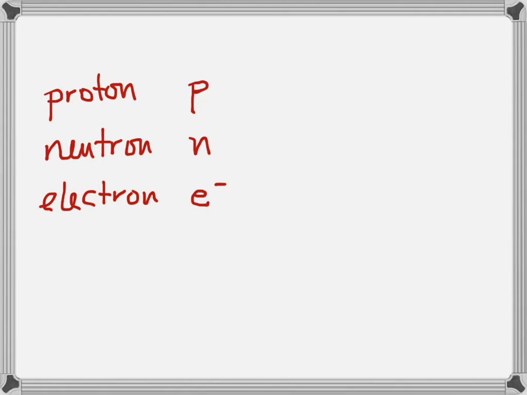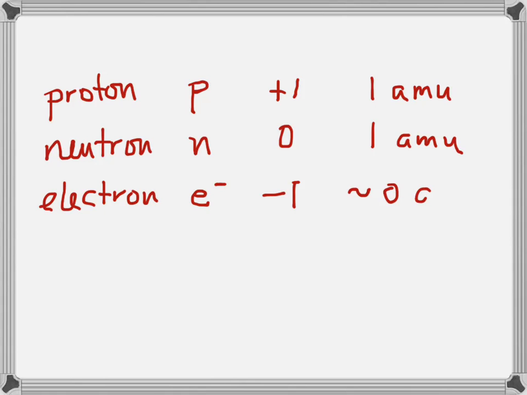The charge on these, the proton is +1, the neutron is 0, the electron is -1. And then the masses, 1 atomic mass unit, and we'll talk about what that is later. It's just a unit of atomic mass. Very cryptically called the atomic mass unit. And the electron is essentially 0 atomic mass units.